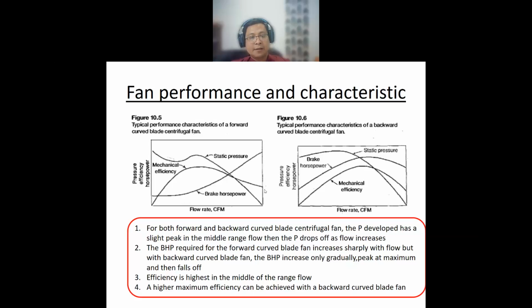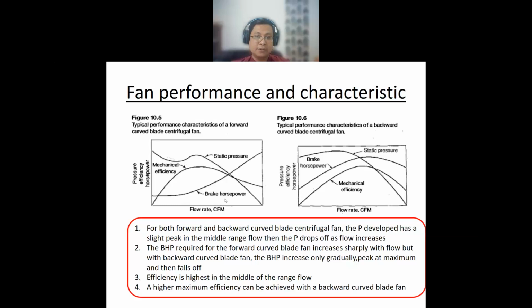Because when we try to run the fan at high mechanical work, that means it is close to the maximum power of the fan, and then we cannot get good mechanical performance. So the efficiency also drops. Maybe the maximum we can use is around 85% of the power.